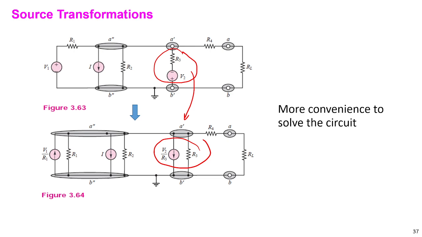If your circuit becomes easier to solve, this will be useful. But if it becomes more complex, you don't need to do that. In this case, it may be good to transform all into current sources like that, or all into voltage sources like that.